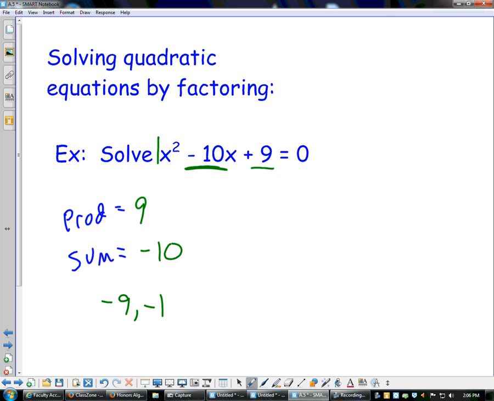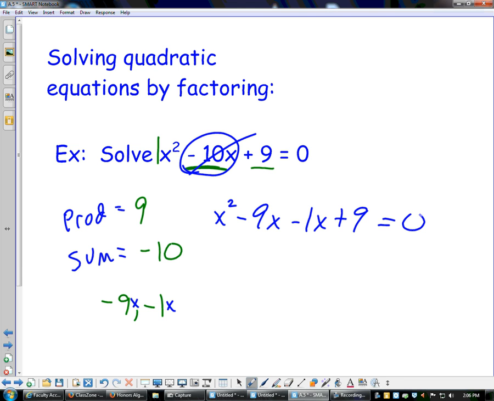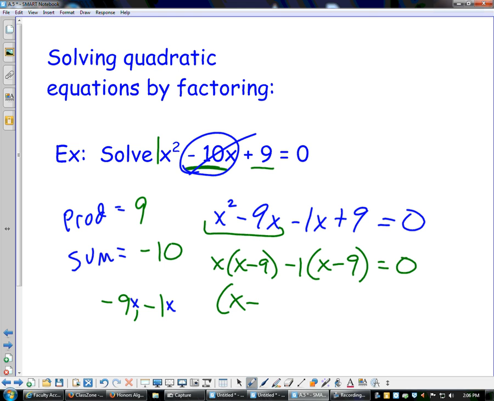So again, if you were going to do this with product-sum, you could then take out this negative 10x, and replace it with a negative 9x minus 1x. And we would get x squared minus 9x minus 1x plus 9. And we factor by grouping. We get x times x minus 9 minus 1 times x minus 9. And then it's x minus 9 times x minus 1.